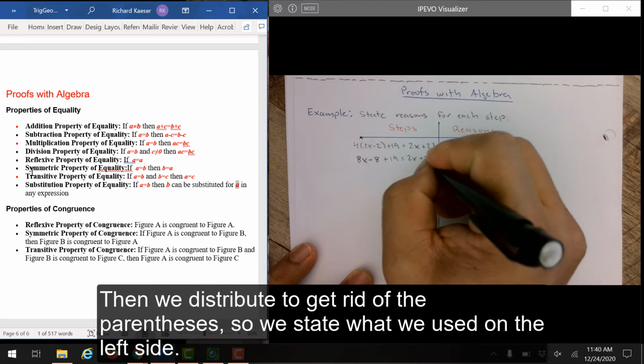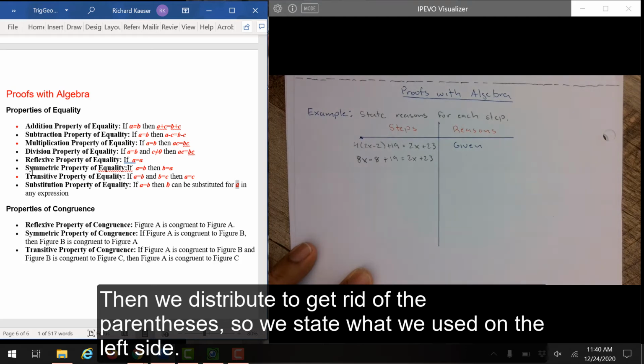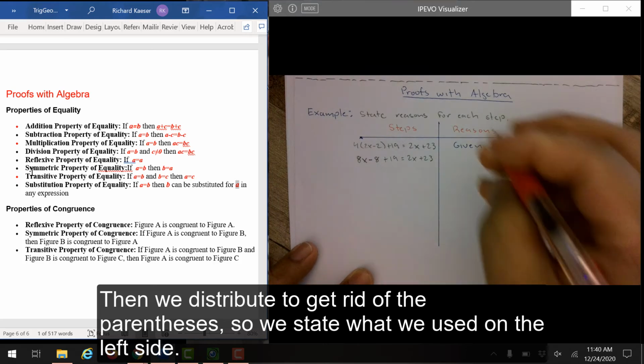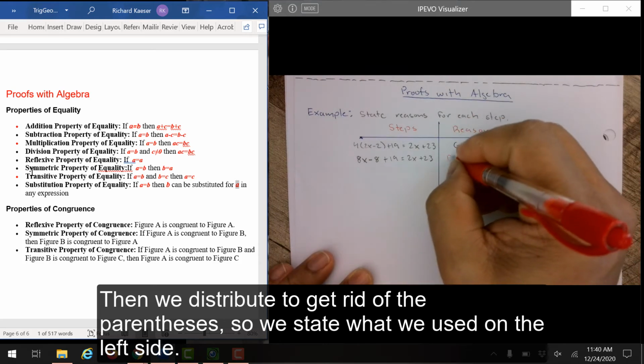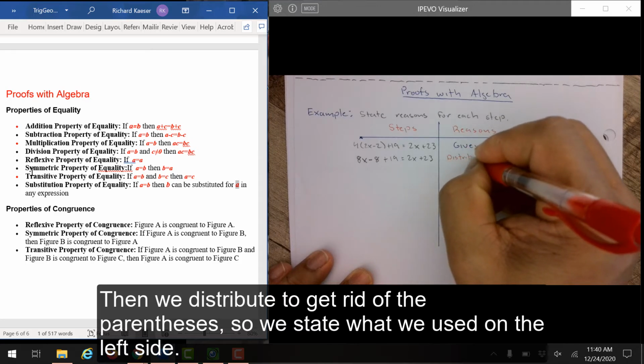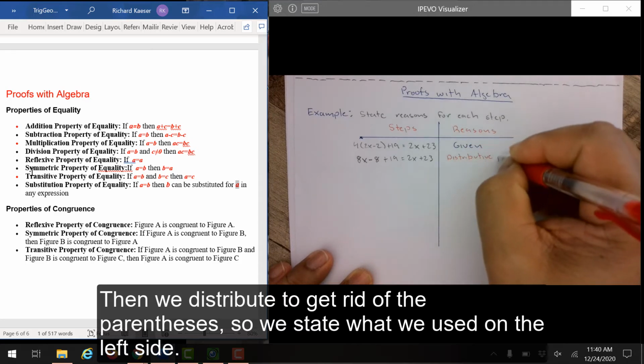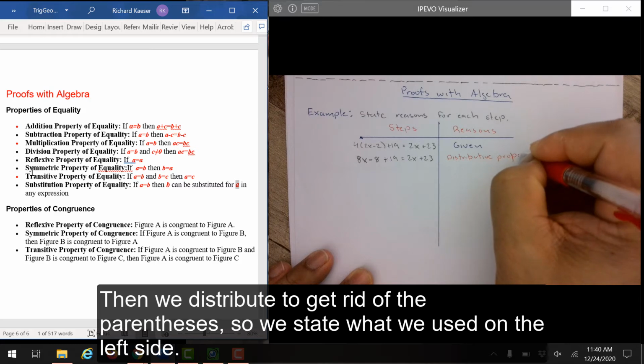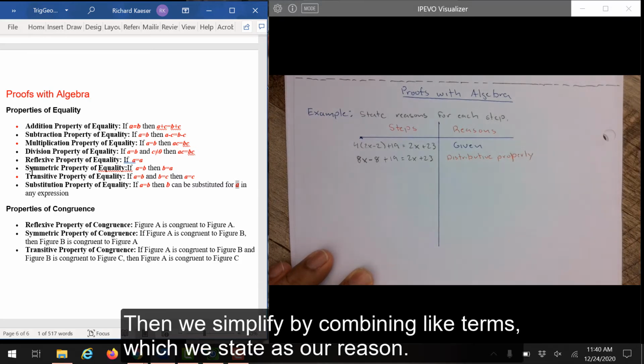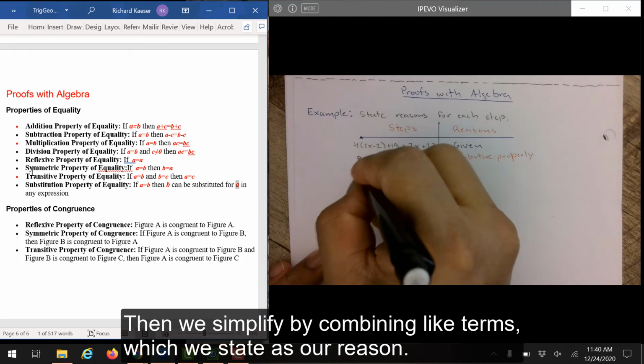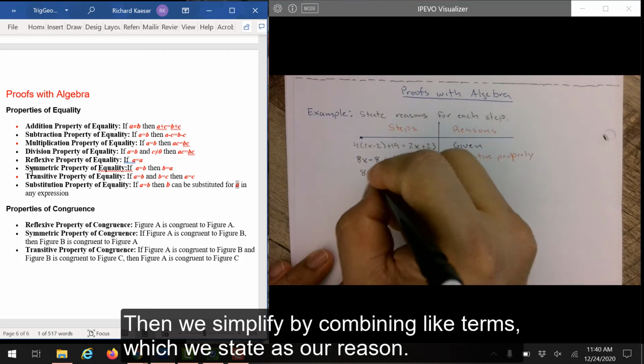Then we distribute to get rid of the parentheses. So we state what we used on the left side. Then we simplify by combining like terms, which we state as our reason.